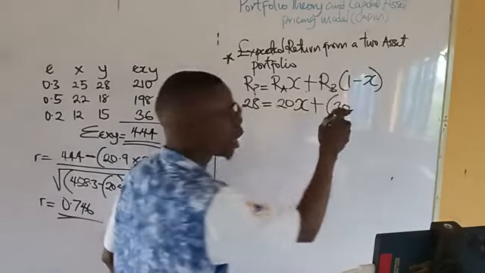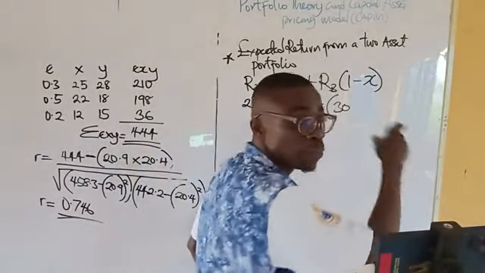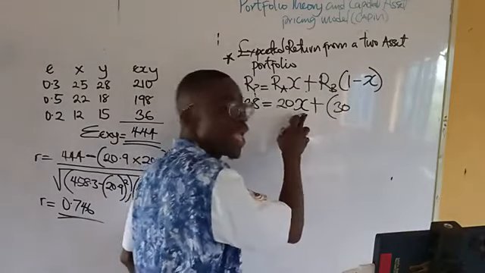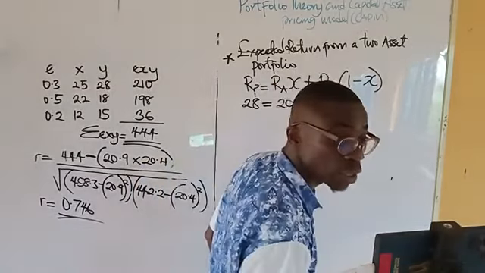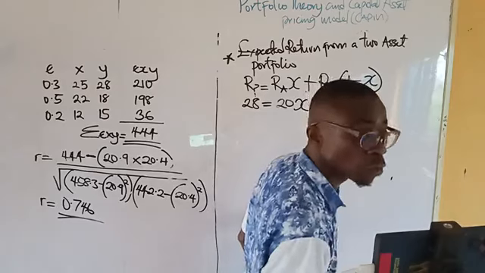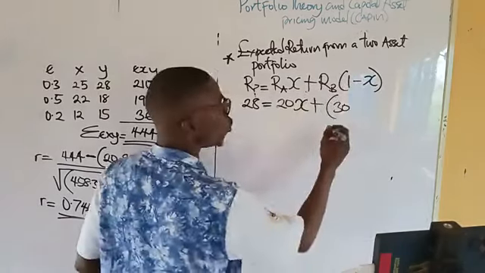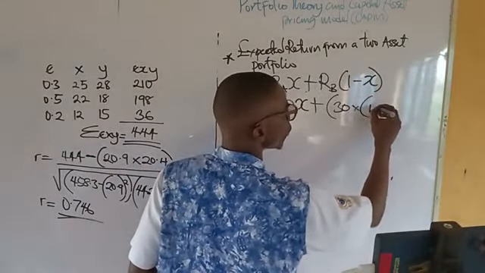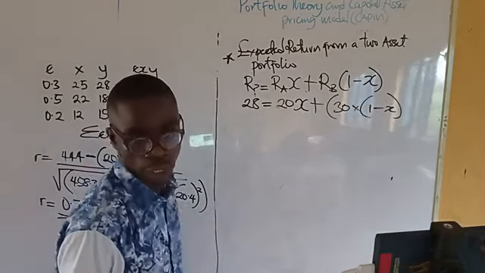We don't know the proportion to invest in B. But if we know the proportion to invest in A, we will know that of B, because they said you should subtract from 1 or 100. So it means this will be times 1 minus X. Are we together?